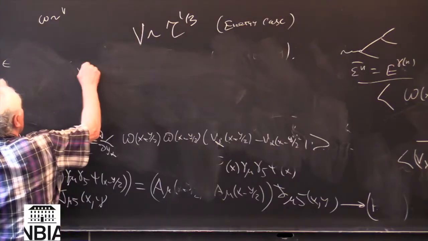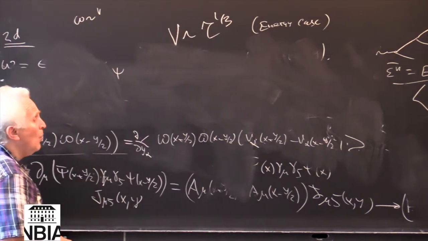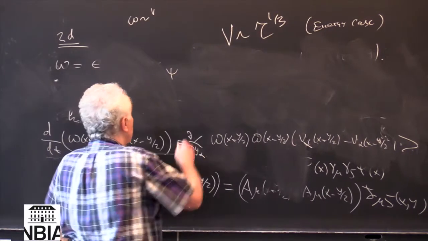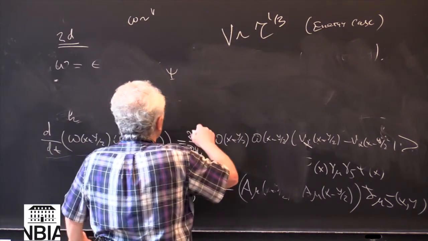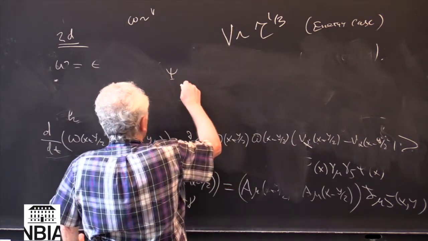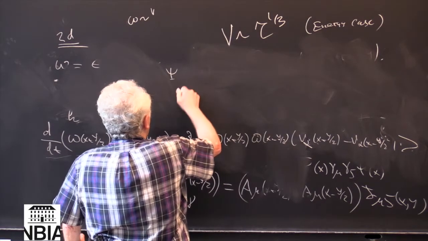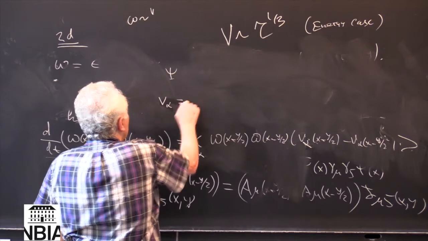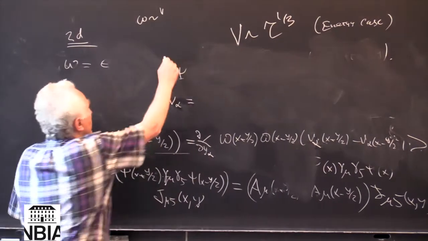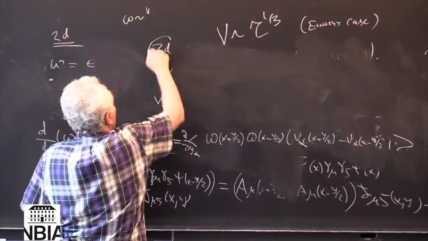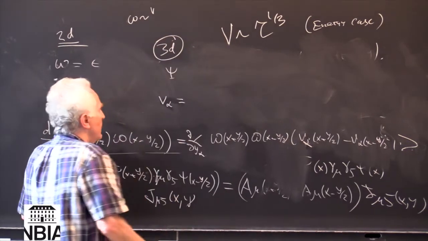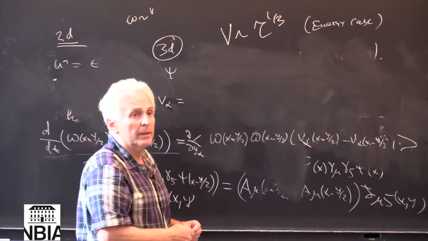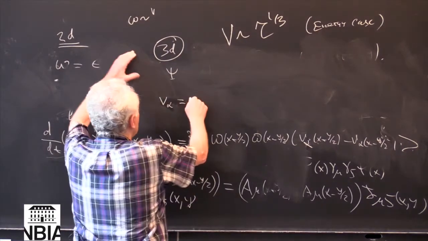Suppose we have a complex function, like a complex field in electrodynamics, and we parameterize the velocity in the following way. Now I'm in 3D. It's just proportional to the current for those psi fields.